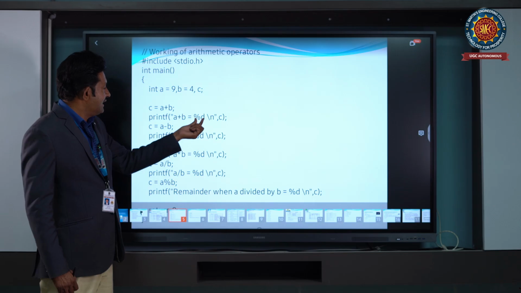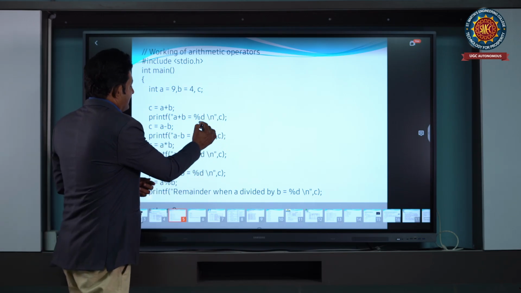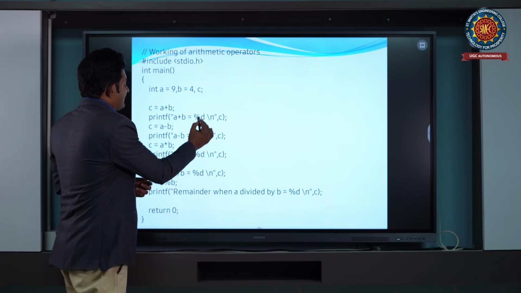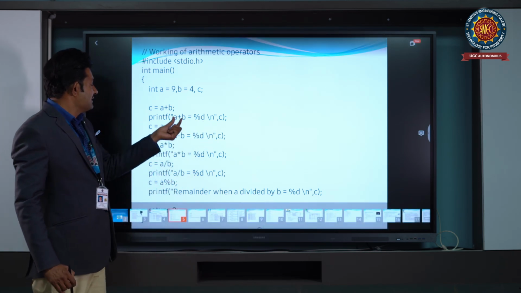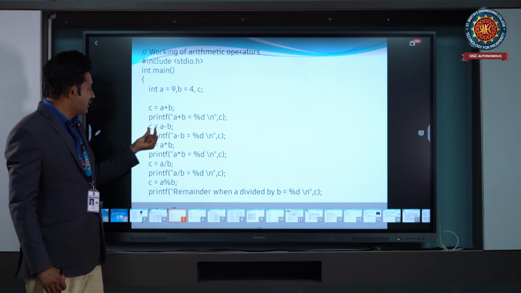In the place of %d, the value of C is stored. So C is equal to A plus B. The next line is C is equal to A minus B.